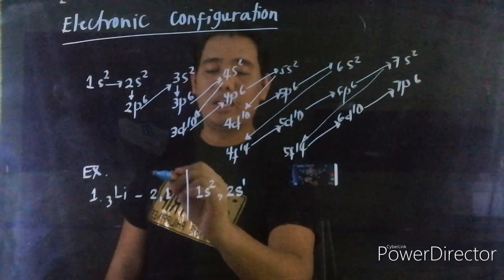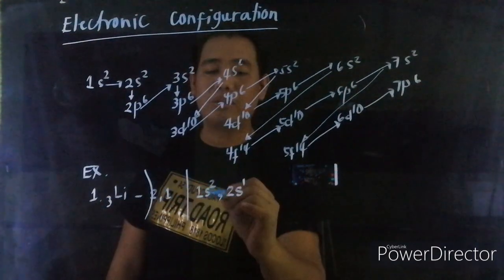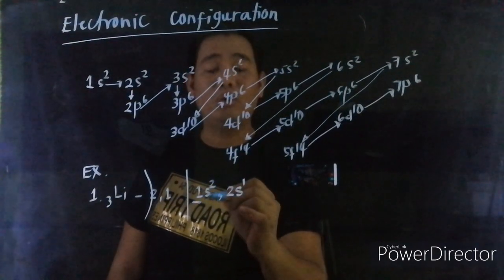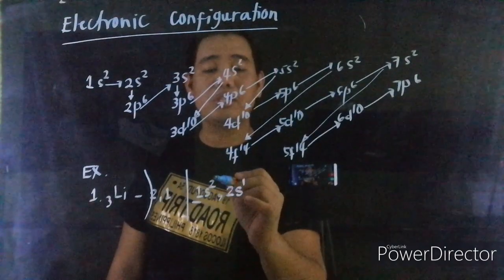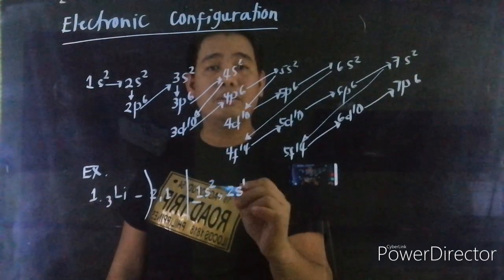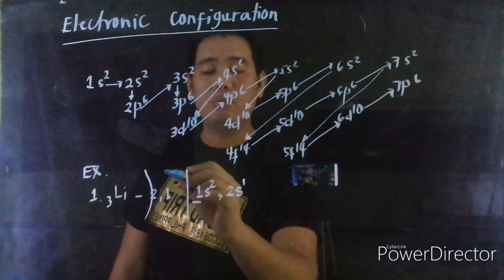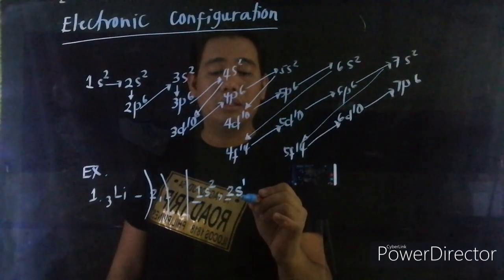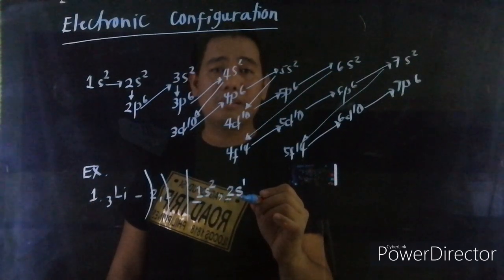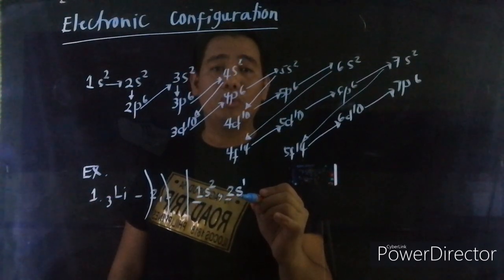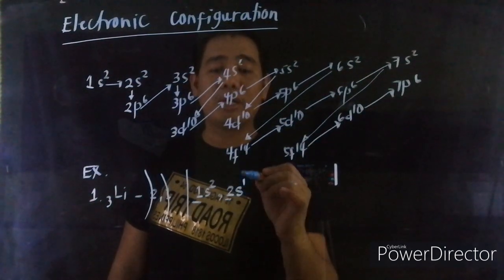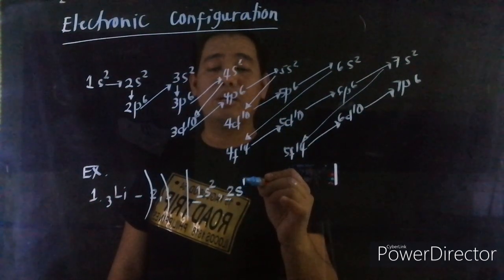The first shell has 2 electrons, so that is the first shell, and that is the subshell holding the electron, which is 2, so that is correct. Then the second one is only 1, so that is the second shell, and the S subshell can hold a minimum of 1 and a maximum of 2. So we can write 2s1 only.